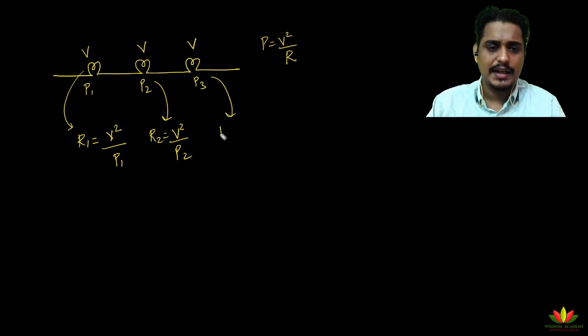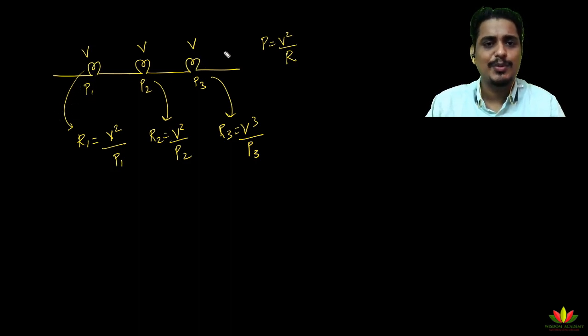And in the third case, R3 will be equal to V square by P3. So when 3 appliances of power P1, P2 and P3 are connected to a source of potential difference in such a way that all the 3 appliances consume the same voltage, then the resistances are these.